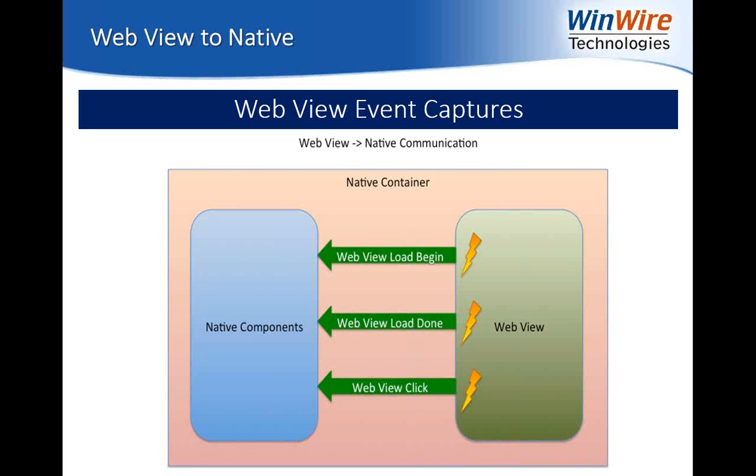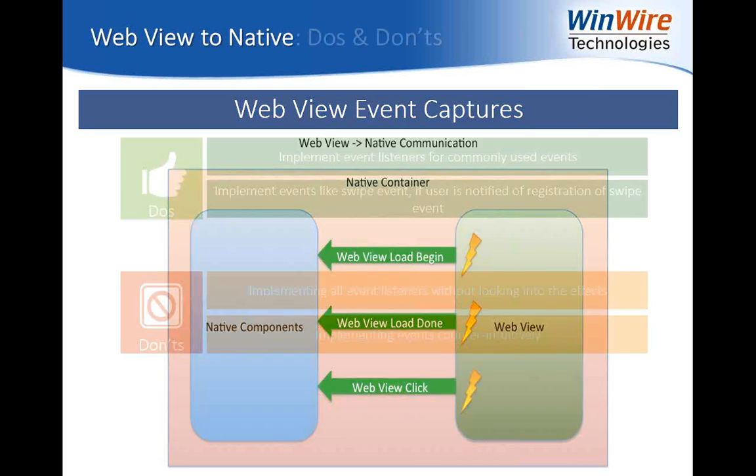When these events are fired from the web view, the native app can capture them by means of event handlers. Typically on Android Studio, these are used as event listeners, and on native platforms this is done using delegate methods. But for understanding how it is done on a hybrid platform, we need to understand that event listeners are primarily used.